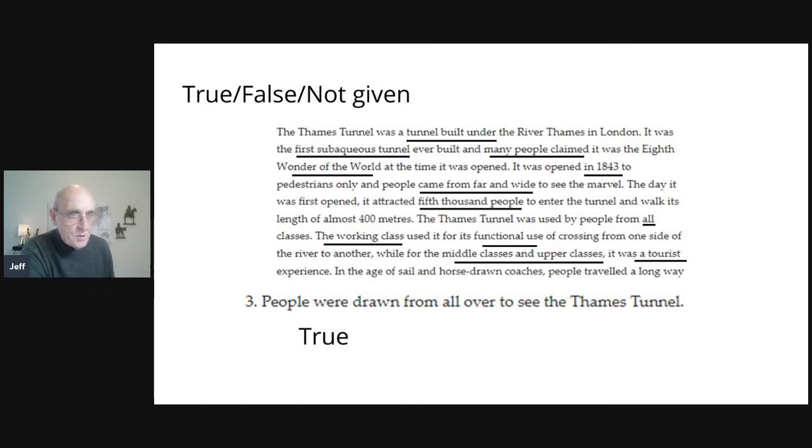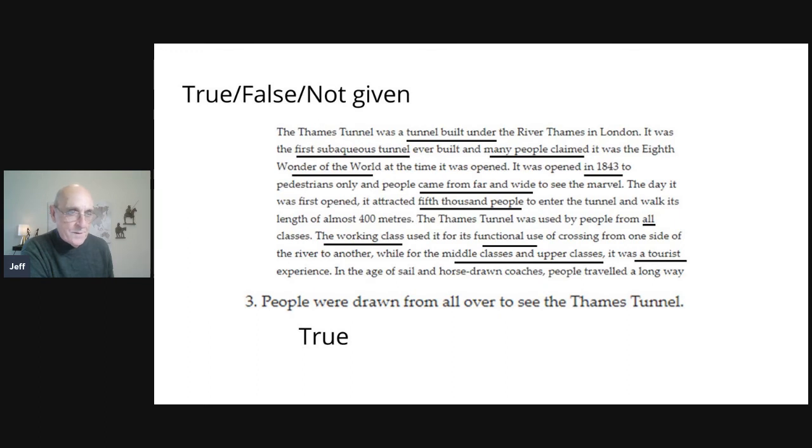And again, our clue for knowing that this is true is the paraphrase that we see in the fourth line. The fourth line says, came from far and wide, which is a paraphrase and synonymous with drawn from all over. And so we have information in the passage that confirms that number 3 is true.